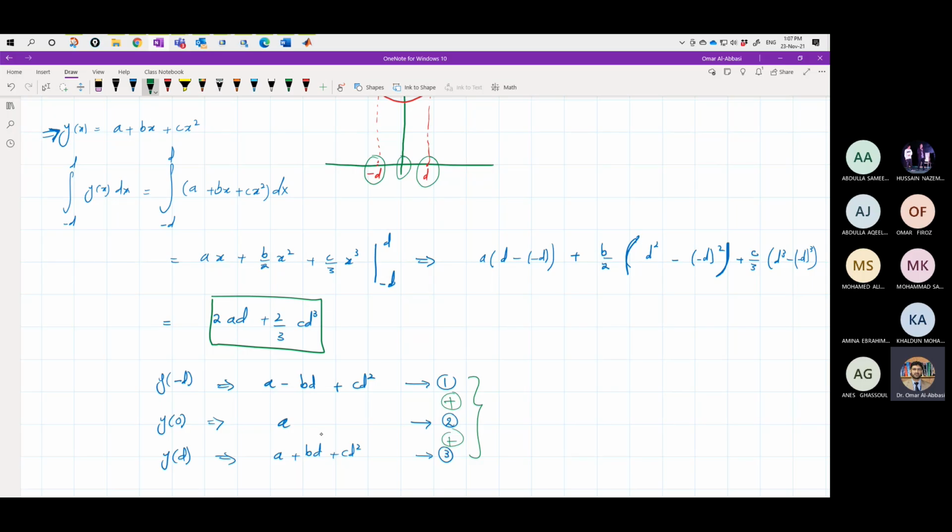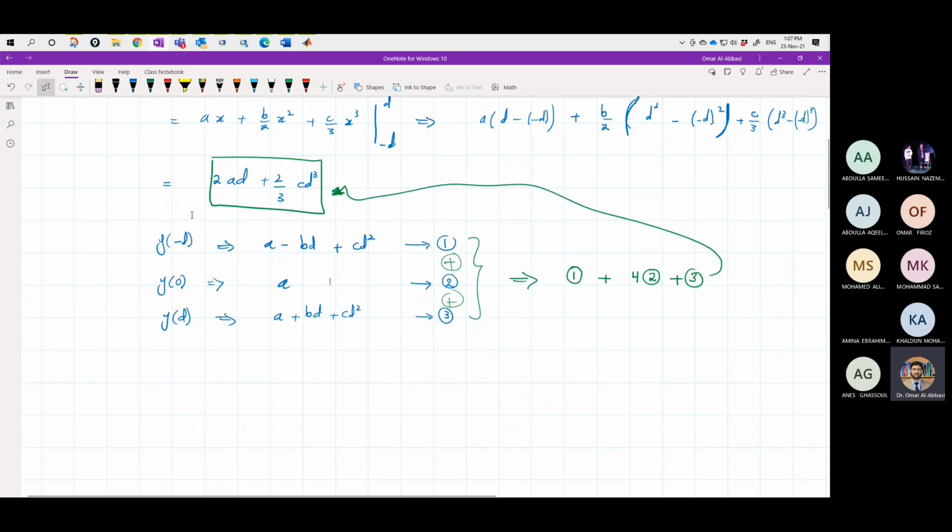So it turns out, if we add equation 1 plus 4 times equation 2, plus equation 3, we will recover that solution again.